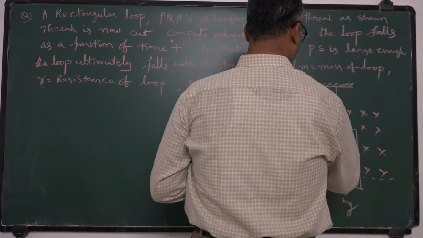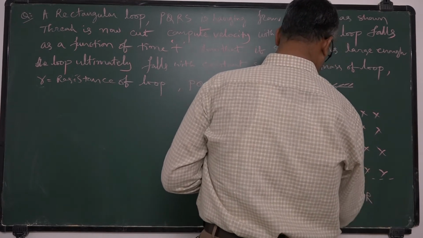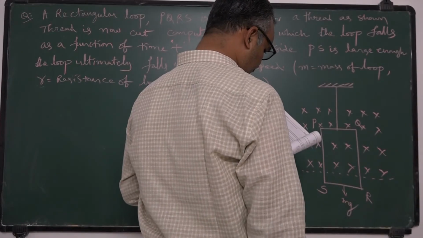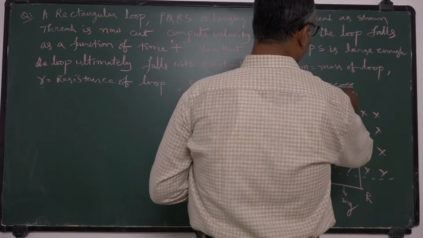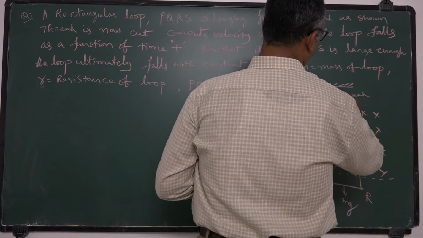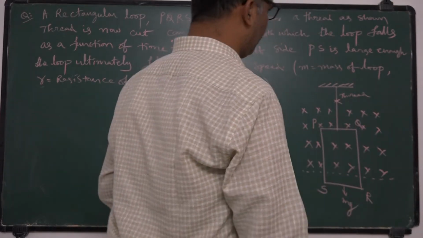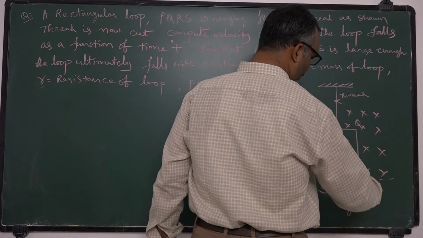Name P, Q, R, S like this, and this is the thread which is going to get cut. Once the thread is cut, the loop will fall down.